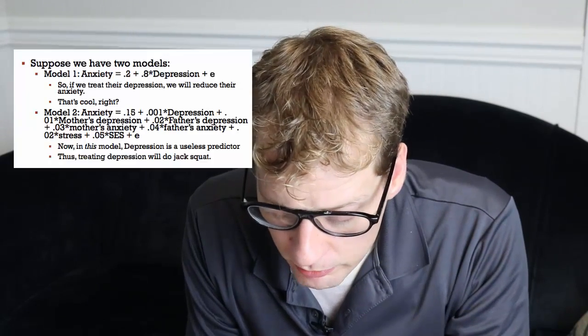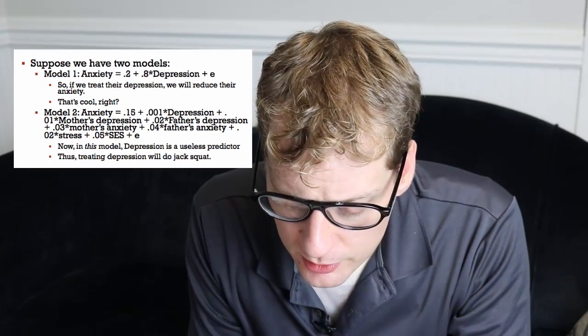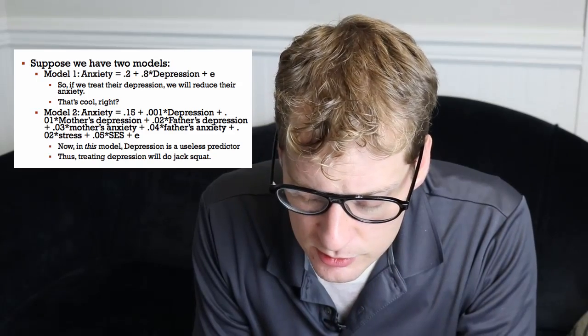But of course, it can get much worse. Suppose we have two models. One where anxiety is predicted from depression. And another model where anxiety is predicted from depression, mother's depression, father's depression, mother's anxiety, father's anxiety and stress.